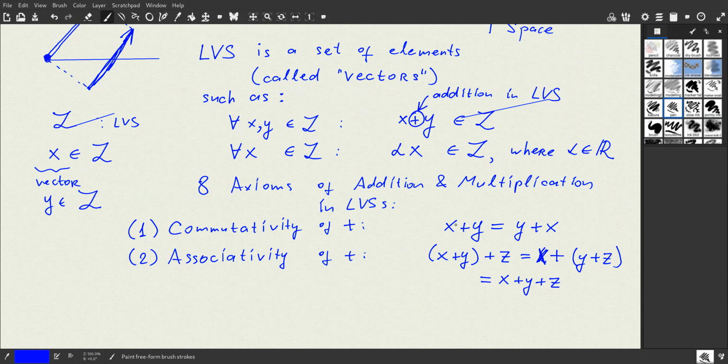Please note that currently I am using this notation x, y, and z to denote vectors. Later on, we will be using the same notation to denote not vectors, but coordinates in a 3D space, and that will be different. For the moment, it is just convenient for me to denote vectors as x, y, z, and so on. Now, the third axiom is the existence of zero.